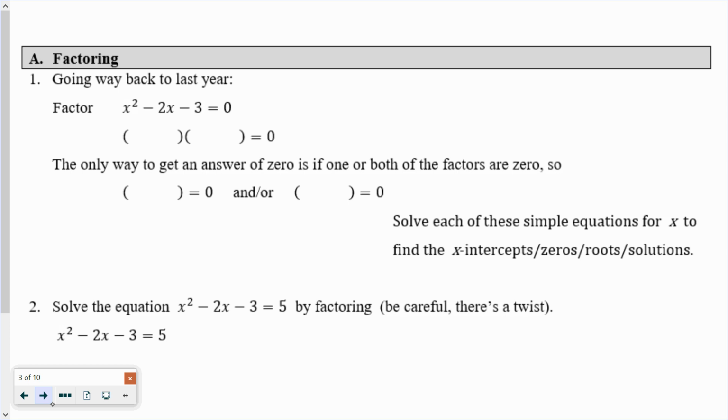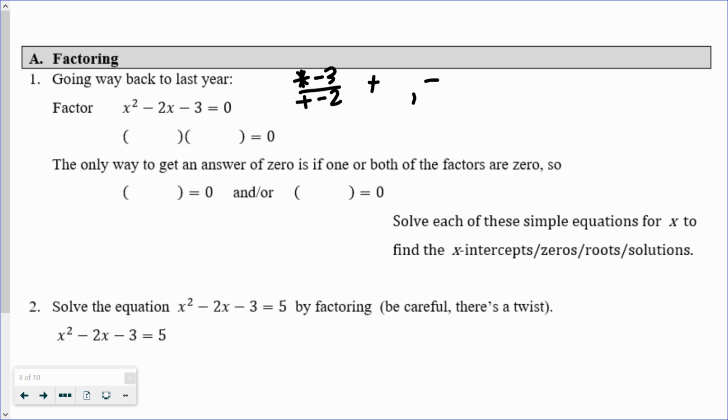Going back to last year, we have a quadratic equation here because it's equal to 0: x squared minus 2x minus 3. We could factor that by inspection, or by decomposition, where we're looking for two numbers that multiply to be equal to -3 and add to be equal to -2. If it multiplies to a negative number, one needs to be positive and one negative.